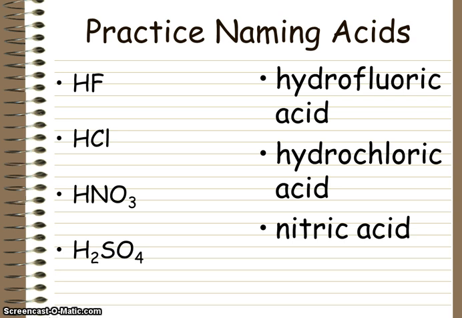H2SO4. Hydrogen as its positive ion makes it an acid. Has oxygen, so we're on the right side of our flowchart. SO4 is sulfate. ATE gets replaced with ic, so sulfuric acid.